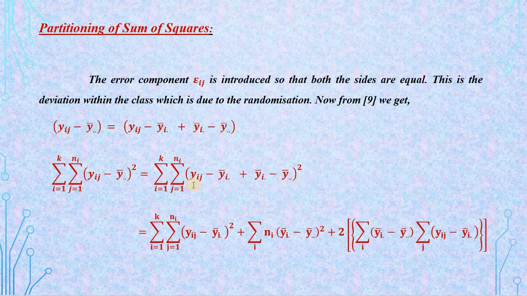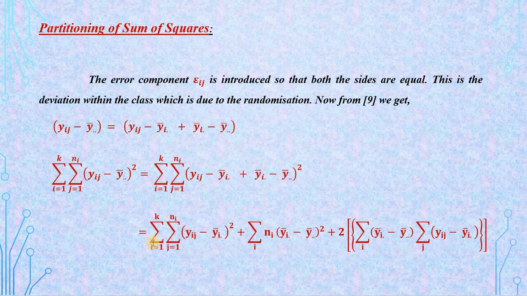If you treat yij minus yi dot bar as the first term, a, and yi dot bar minus y double dot bar as the second term, b, then it is a plus b whole square. So you can expand it by the a plus b whole square formula. You have a square, b square, and the product term 2ab.